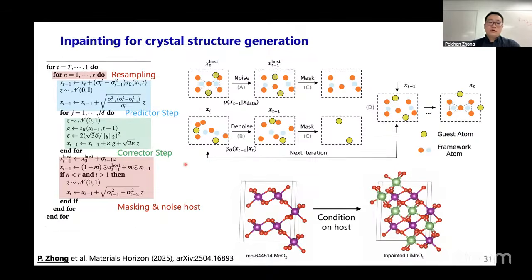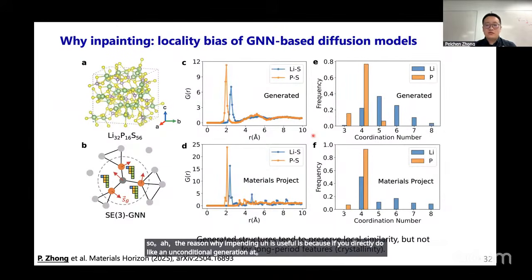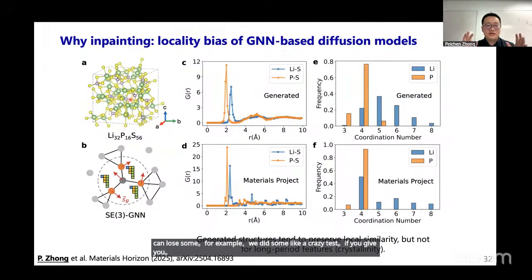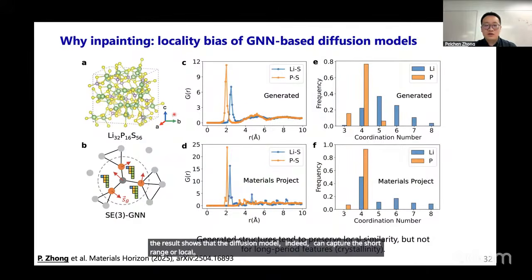So the reason why inpainting is useful is because if you directly do unconditional generation at scale, the structures can lose some crystallinity. For example, we did a crazy test. If you give a very large unit cell, let's say beyond 10 angstrom, and do the generation, the result shows that the diffusion model indeed can capture the short range or local correlation, for example, the RDF of the generated structure.